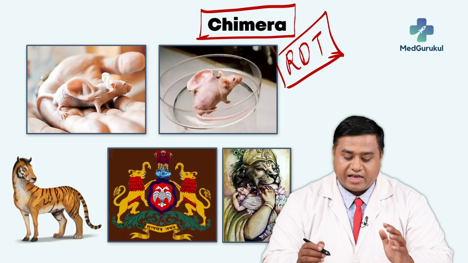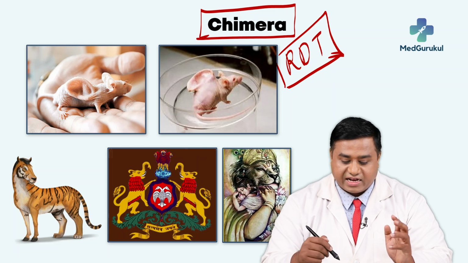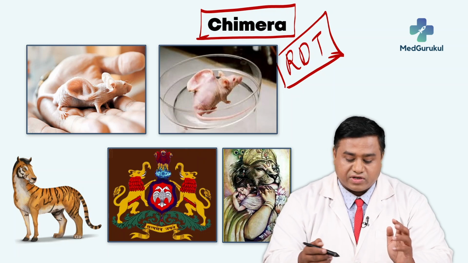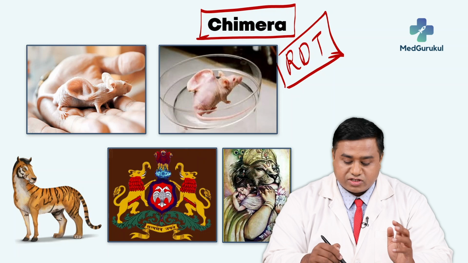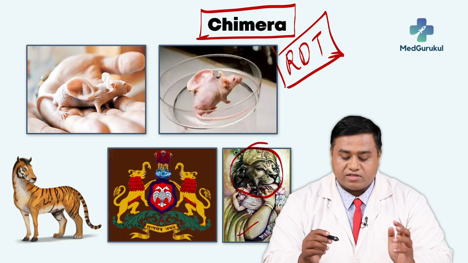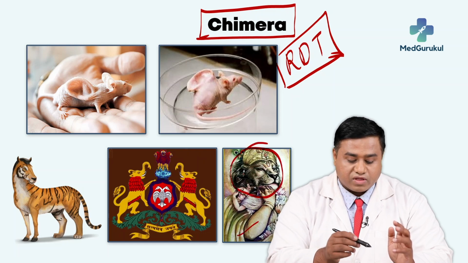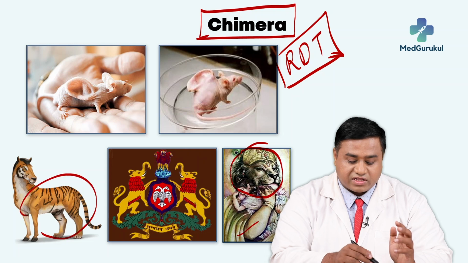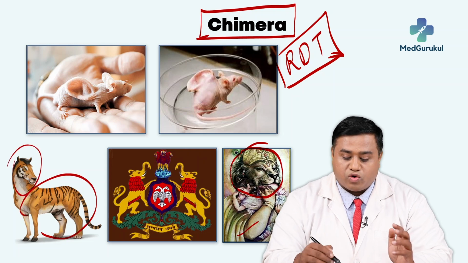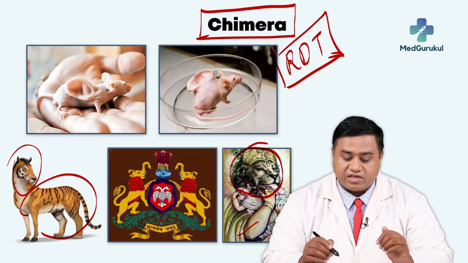Chimera is basically a combination of two different organisms, like you can see in this picture. There is a human with a lion face, there is a tiger with a horse face. So, this kind of combination, we term it as chimera.